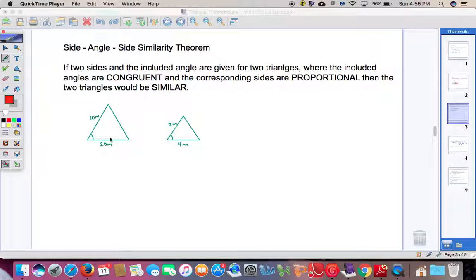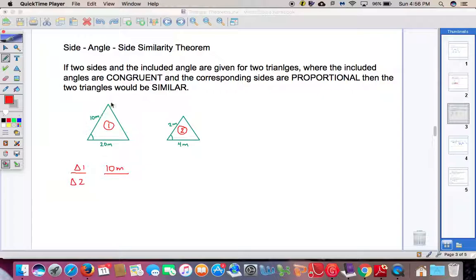Okay, so here I can see that by my arcs, I know these angles are the same, or congruent. So I've checked that off my list. But now I need to make sure that the sides are proportional. So I'm going to set up my ratios. And here I can say my shortest side from this triangle, and let's call it triangle 1, and we're going to compare it to triangle 2. So this is triangle 2.